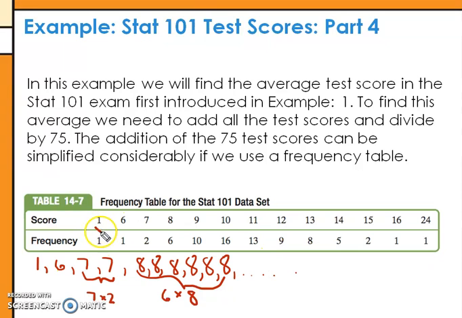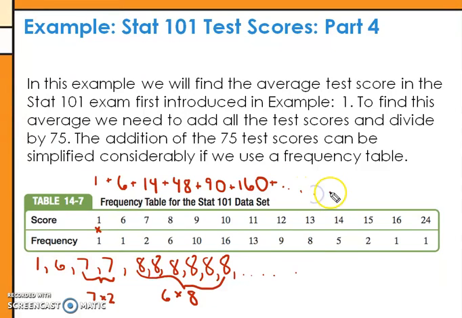You can actually take how often the number is in there and multiply it by the number itself. So 6 8s means 6 times 8, 9 10s means 9 times 10. So it can be a lot quicker. You can say 1 is in there once, so that's a total of 1, plus 6 is in there once, 7 is in there twice, so that'll add 14 to our total. 8 is in there 6 times, so that'll add 6 times 8 or 48 to our total. 9 is in there 10 times, 10 is in there 16 times.